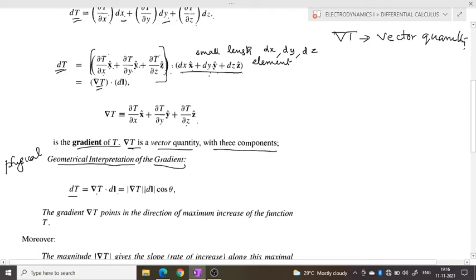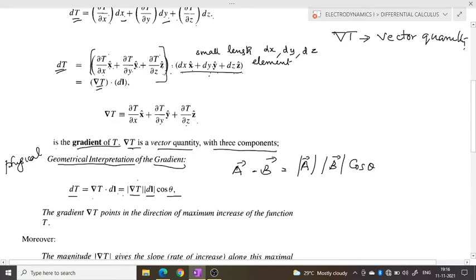Since this is a dot product, we can expand it. What is the dot product equation? A dot b is equal to magnitude of a into magnitude of b cos theta, right? So accordingly we write it as magnitude of del t, magnitude of dl cos theta.